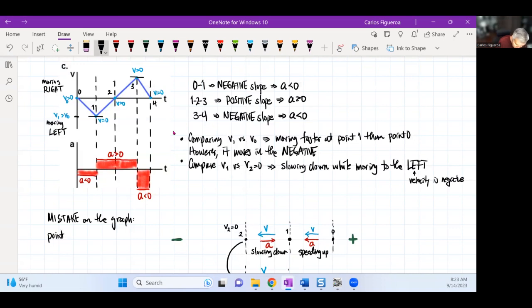Points 1 and 3 do not have v equal to 0 values.